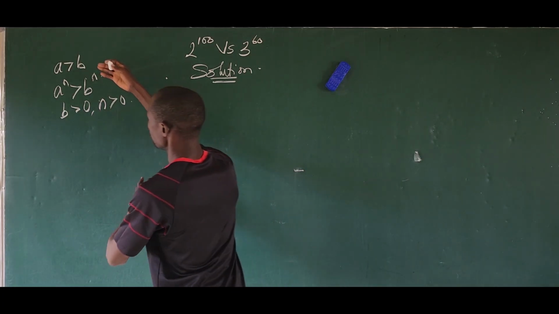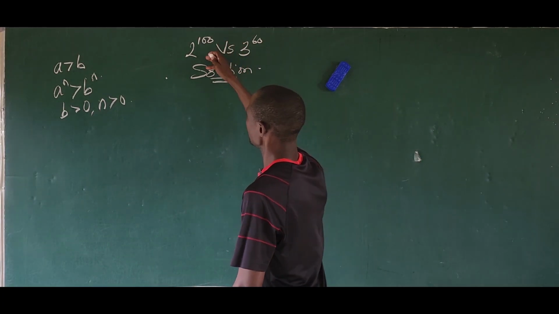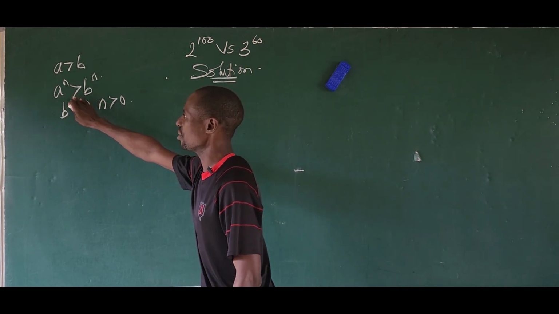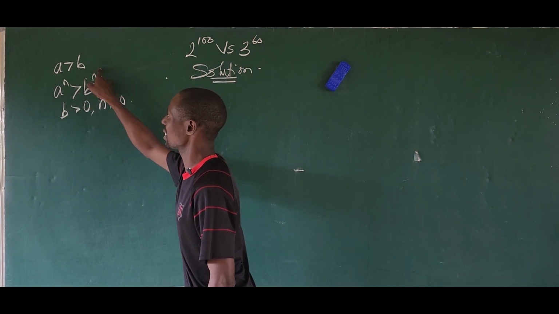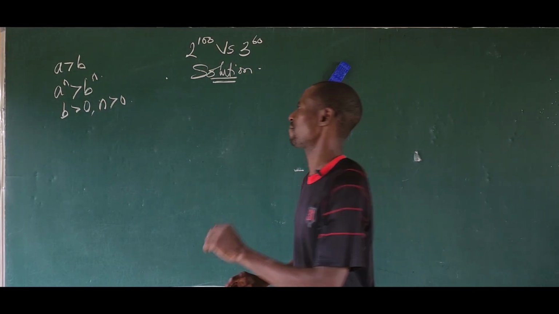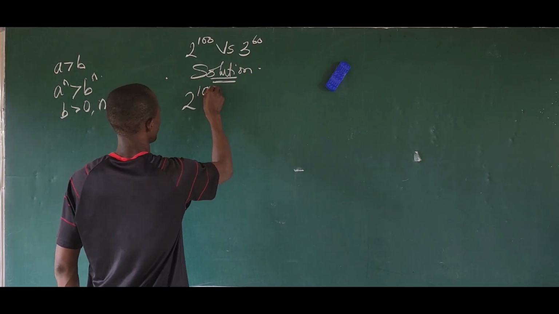So for us to know if this is greater than this or this is less than this, we want to make use of this. And making use of this, we want to strike the same power for this and this. And so let's take the first one, which is 2 to the power of 100.